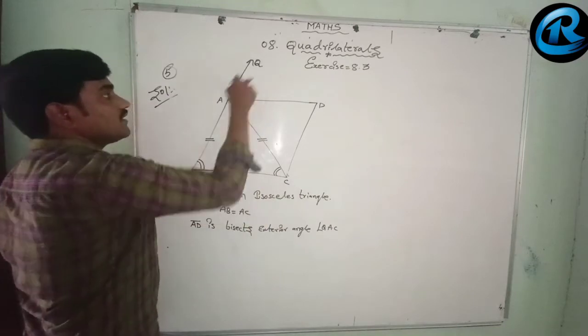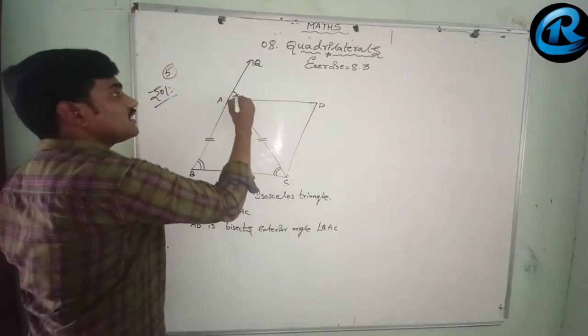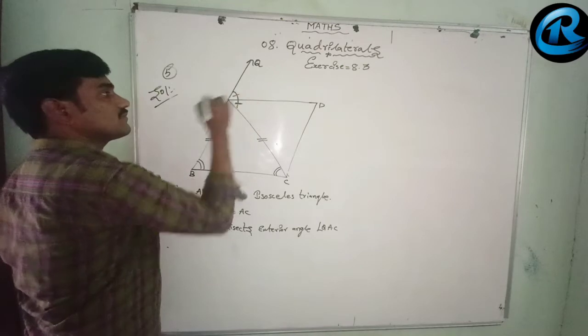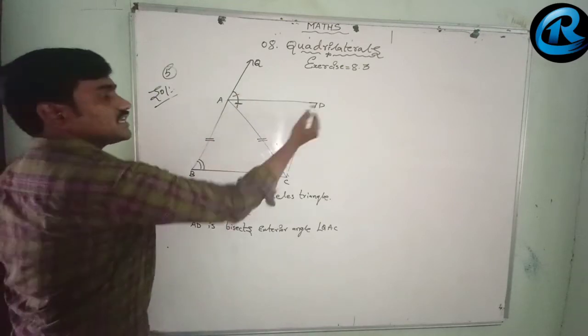For this, AD will divide this angle into two equal parts. Yes, because AD is an angle bisector.